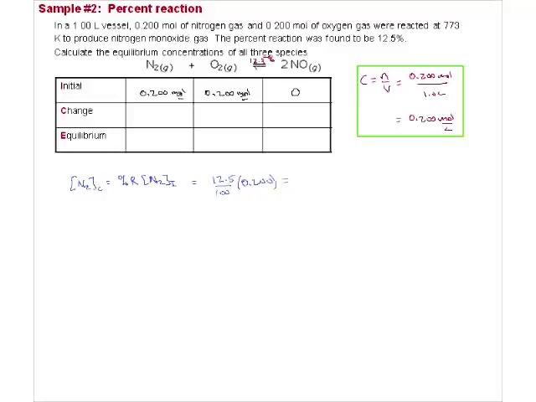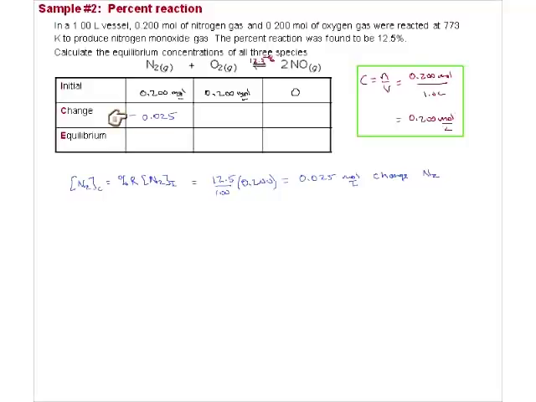And in this particular example, it's a percentage, so 12.5 divided by 100, that gets rid of the percent, times the initial concentration. So 12.5% of this is going to break down. We do our calculation here, and it works out to be 0.025 moles per liter change in nitrogen. So that's my change value for nitrogen. I can put it here. Nitrogen goes down by 12.5%.